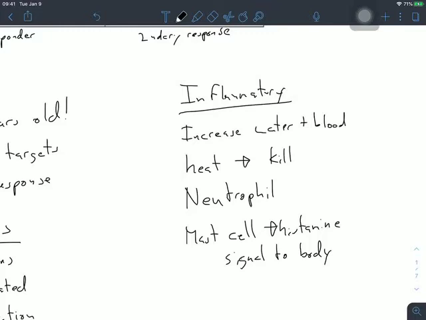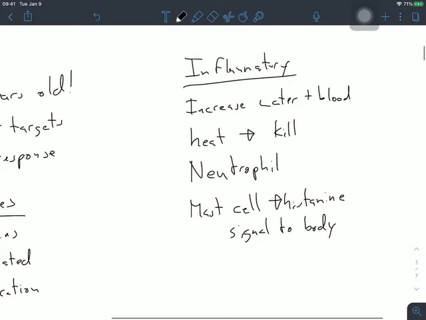Now, the trouble is that these mast cells are kind of like the boy who cried wolf. They release histamines to potentially too many things that are non-threatening. And you may be familiar with medicines called antihistamines.